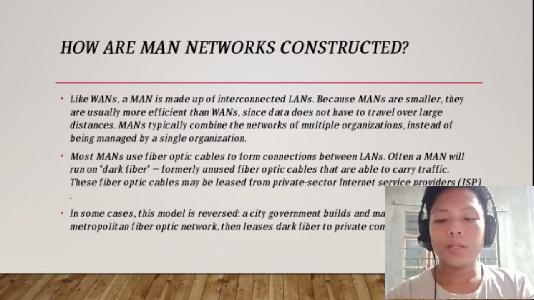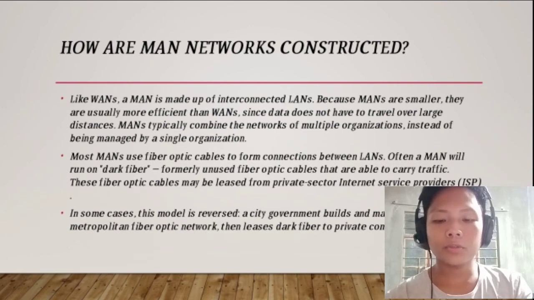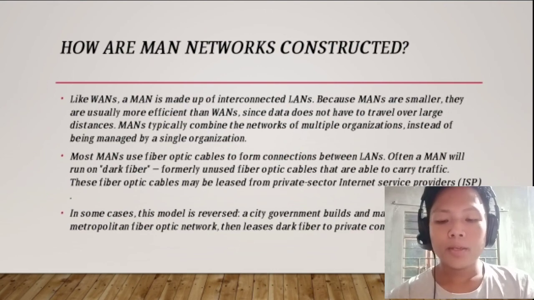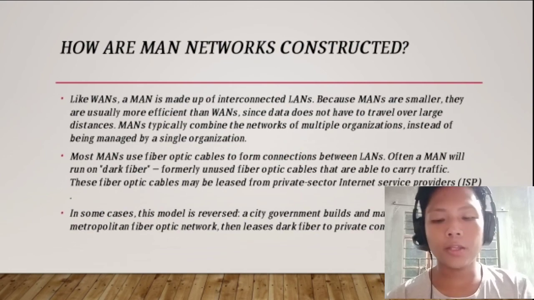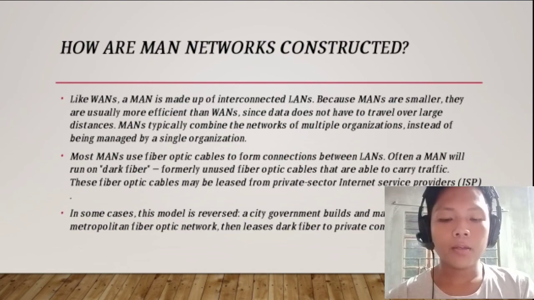How are MANs constructed? Like WANs, a MAN is made up of interconnected LANs. Because MANs are smaller, they are usually more efficient than WANs.